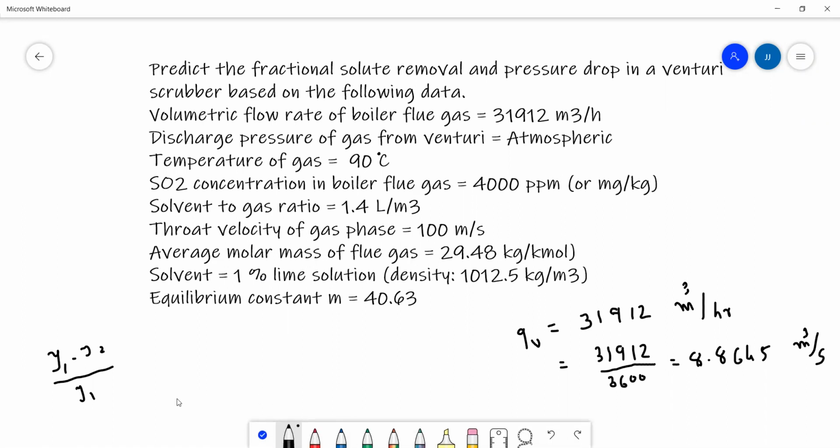So let me write here: flow rate of solvent, which is 1% lime. This is a weight by weight lime solution, 1% lime solution.